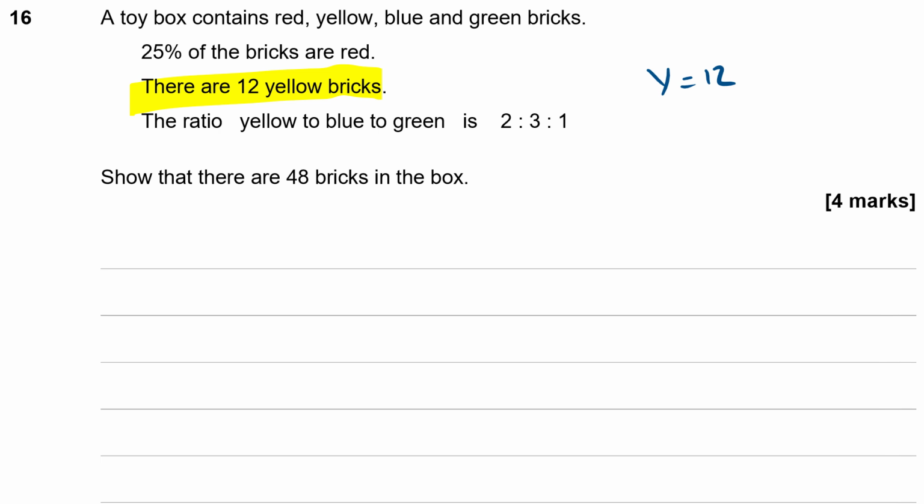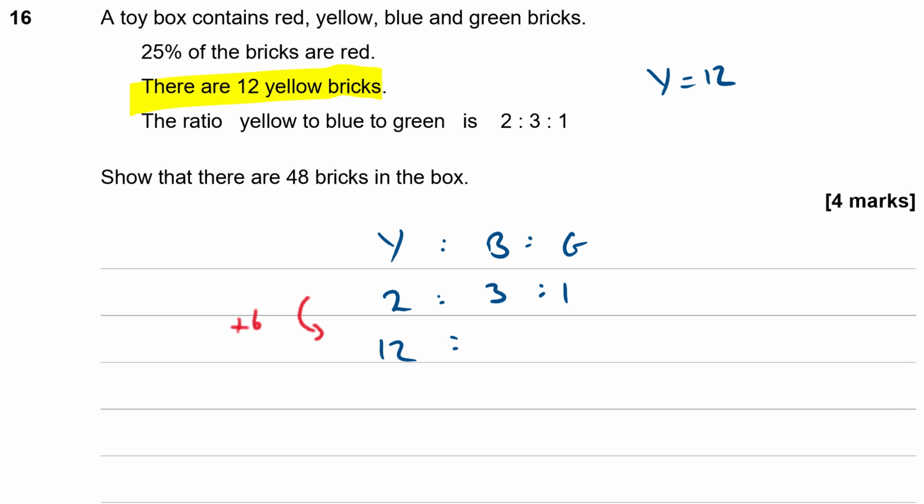Now we know that the ratio of yellow to blue to green is 2 to 3 to 1, so that means we can work out those at least. We know that we've got 12 yellow bricks. So scaling up our ratio by a factor of 6, we should be able to find out the number of blue and green bricks as well.